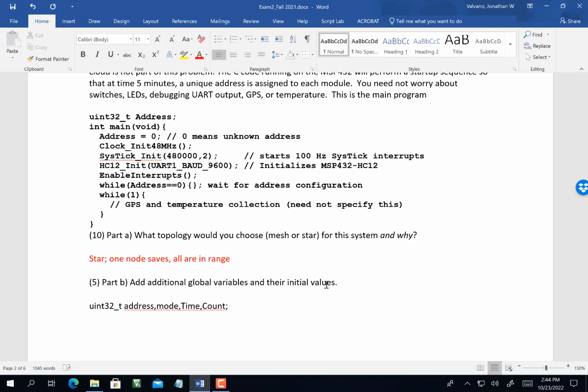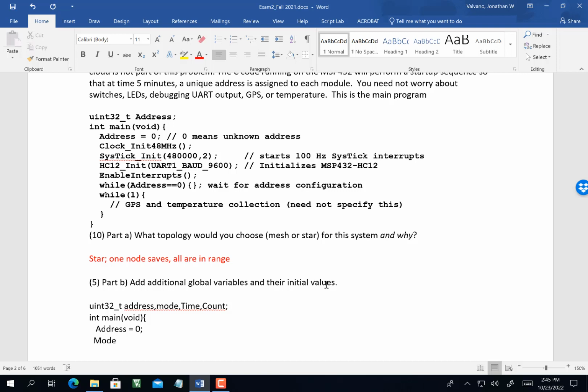Okay, so initialization. Since you did have access to your lab stuff, I didn't grade this very strong, but I'm assuming you do have access to your lab code.